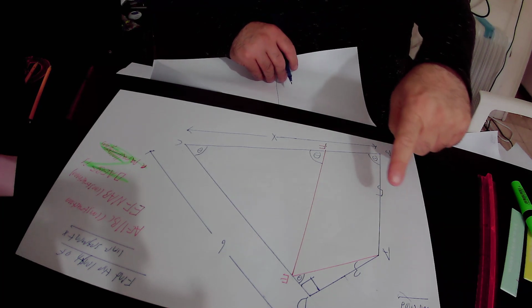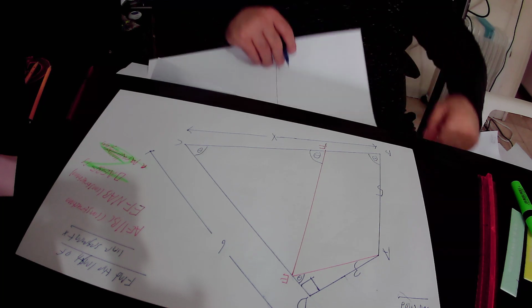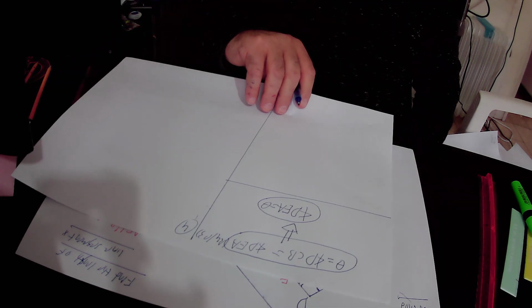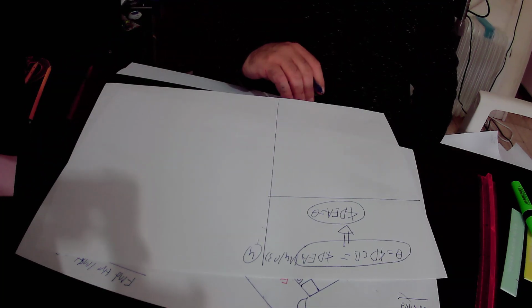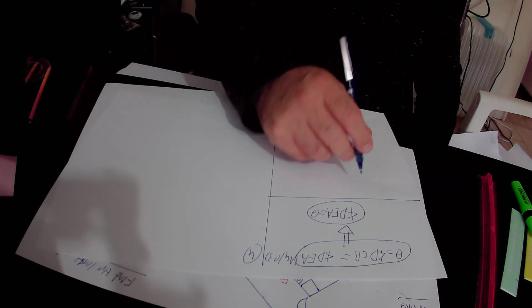We know that quadrilateral AEBF is a parallelogram because it has two couples of sides that are parallel to each other.